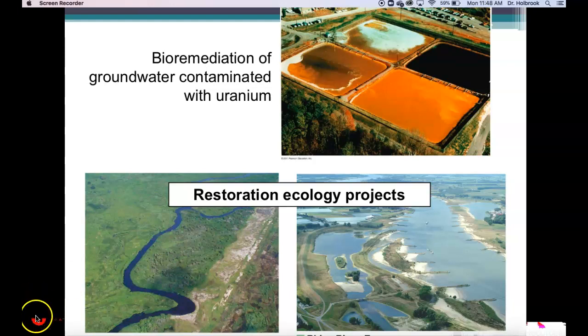Other things could be revegetating land that has been overgrazed by livestock.